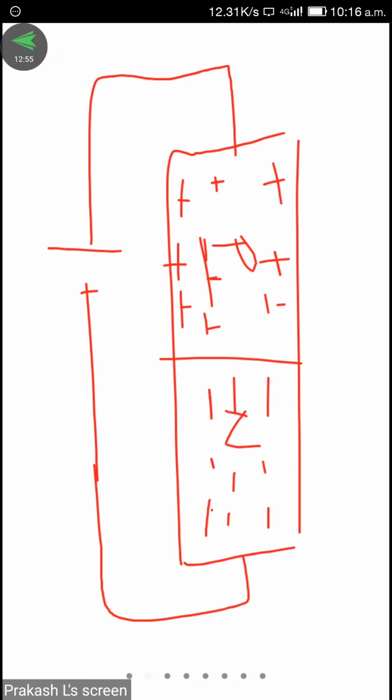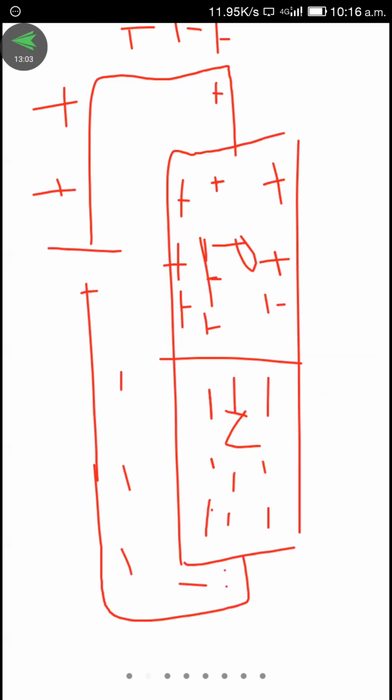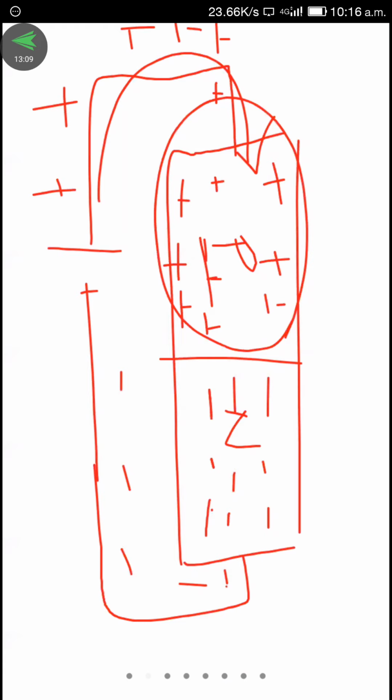Okay, so the positive terminal has only positive ions, and the negative consists of negative ions. So ఏం చేస్తున్నాయి, these positive ions are pushing the P region positive ions, and these are moving out from the P state to the N state, and these are also moving from the N state to the P state.